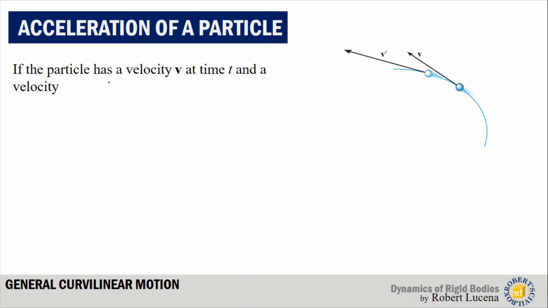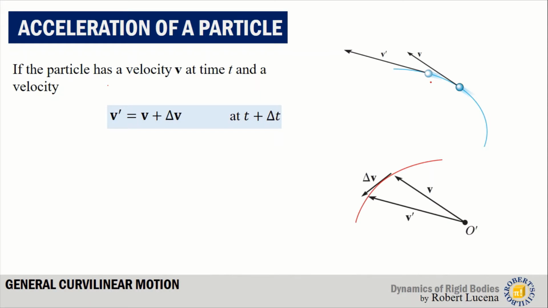And if the particle has a velocity and a change in velocity, we can now analyze the acceleration. Initially we have the velocity at this point, which is tangent also at this point, and we have another velocity here represented by v prime. So there is an acceleration or deceleration for the object.